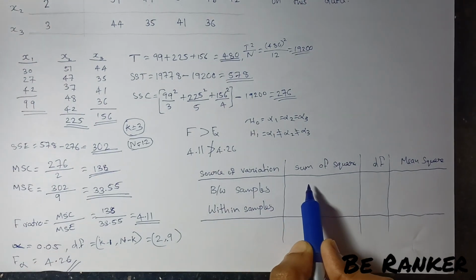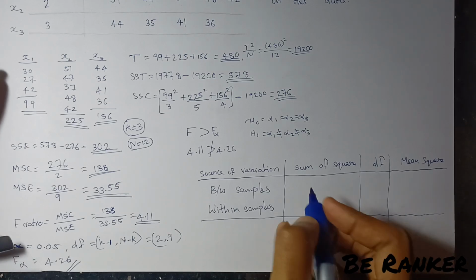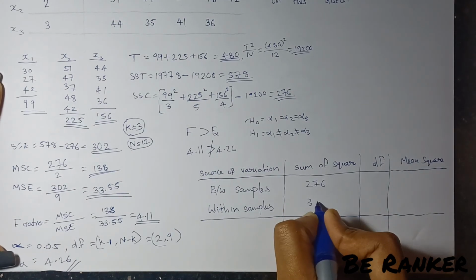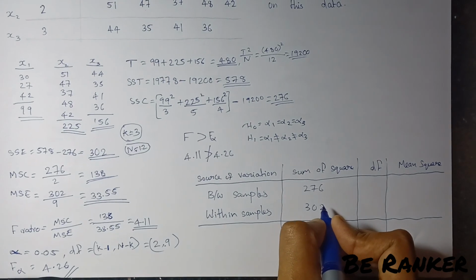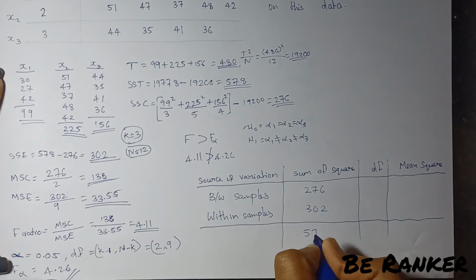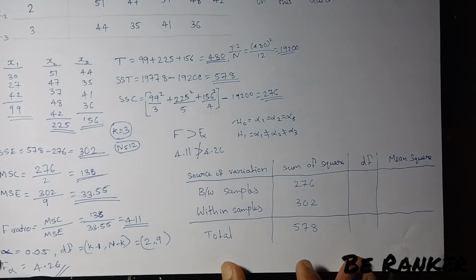The sums of squares are SSC 276, SSE 302, and the last SST, the total, which is 578.